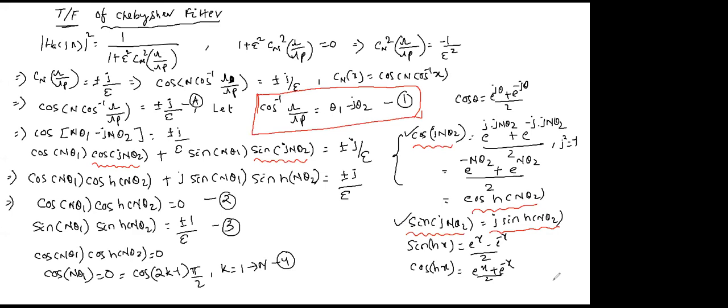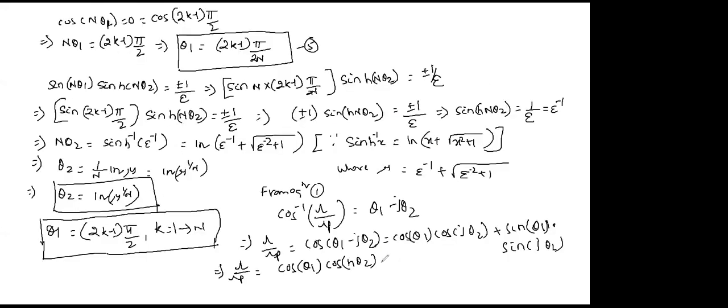Similarly, this is your sin of theta 1. J term will come. This is sin hyperbolic theta 2. So now what you got? Omega by omega p equals to cos theta 1 cos hyperbolic theta 2 plus j sin theta 1 sin hyperbolic theta 2.